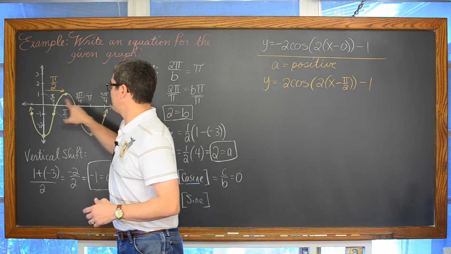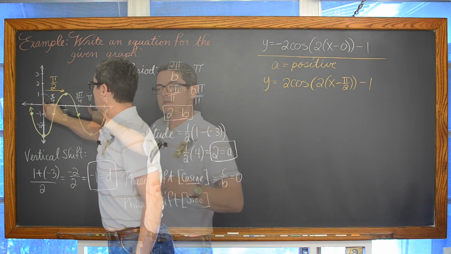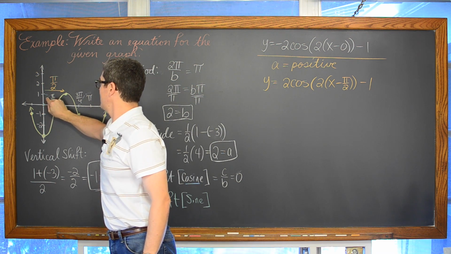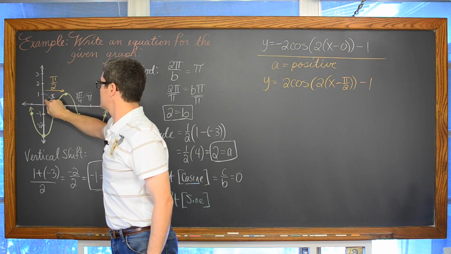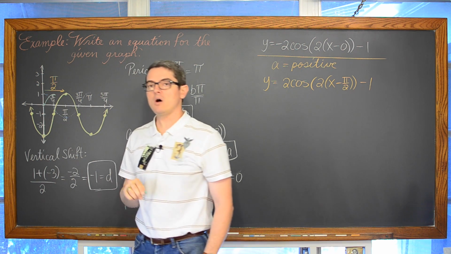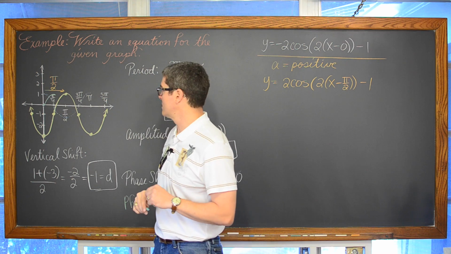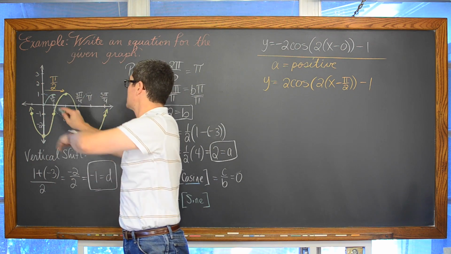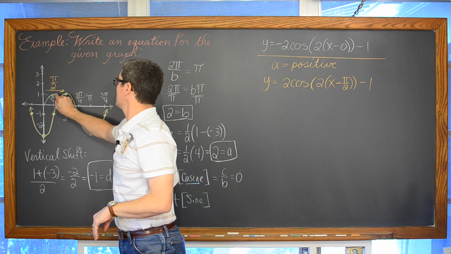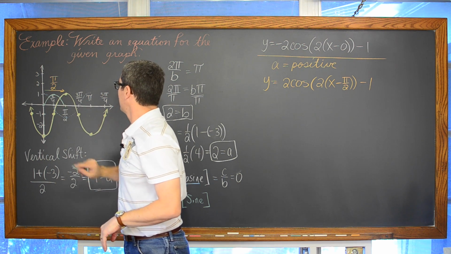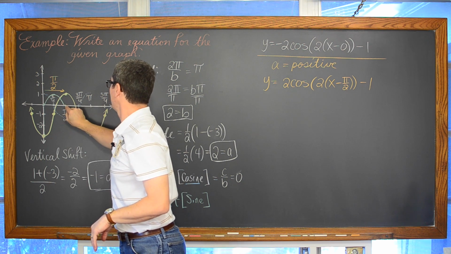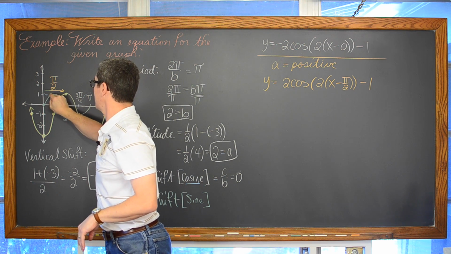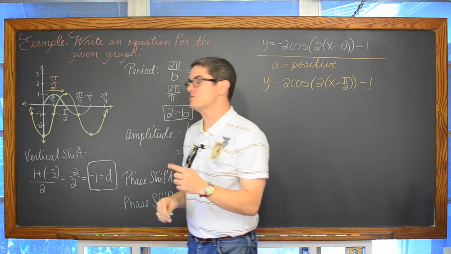A sine function with a period of pi would start at 0, 0, rise to its maximum value of 1, 1/4 of the way through its period, and then halfway through its period would be back to 0, and then -1, and then back to 0 at pi.